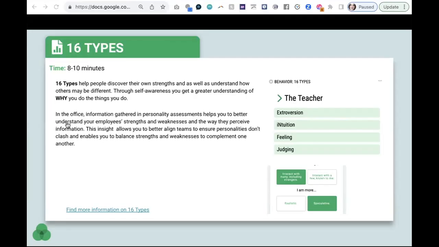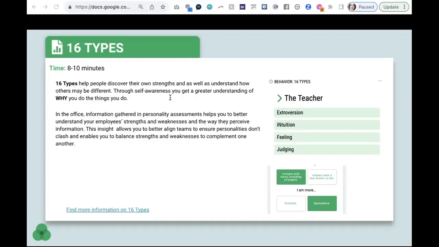So when you're in an organization, the information gathered through these assessments really helps you understand your team members' strengths and their opportunities for growth. It helps you understand how they perceive, process, and consume information, right?